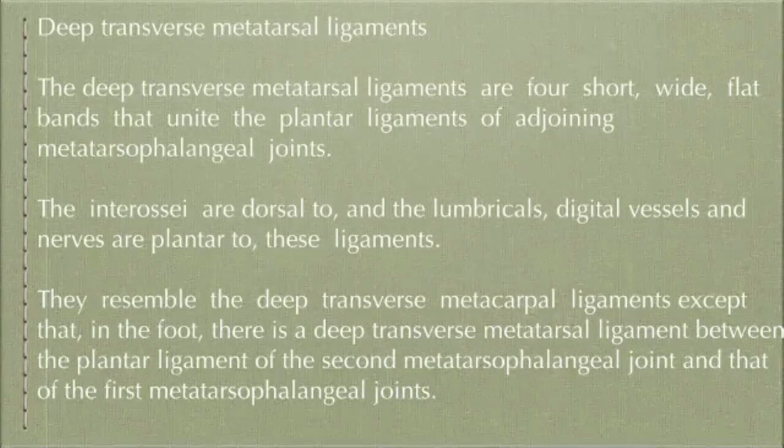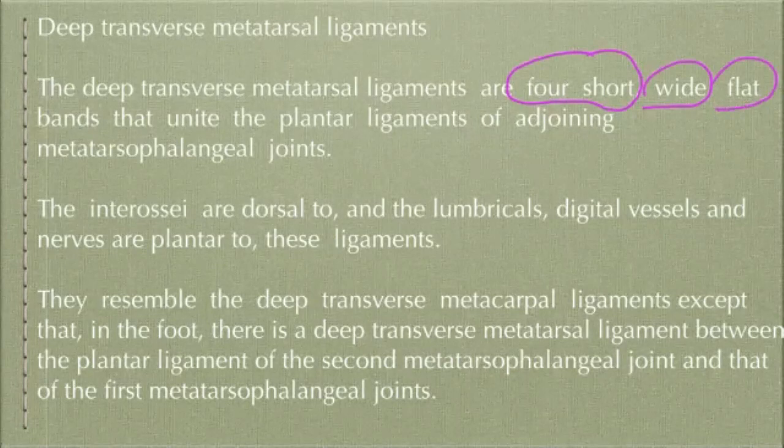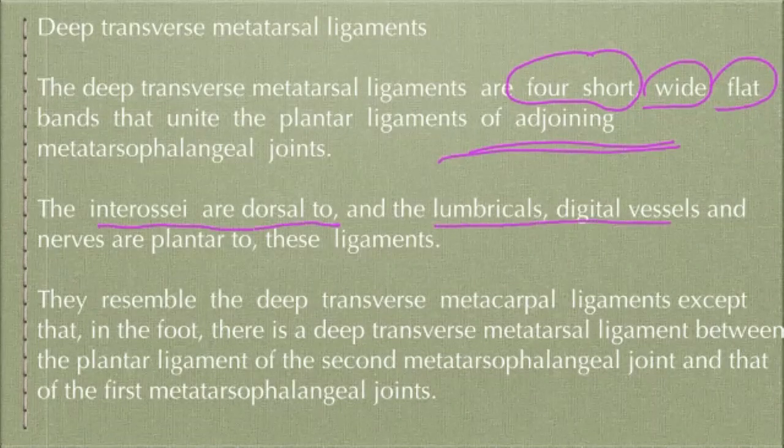Deep transverse metatarsal ligaments. The deep transverse metatarsal ligaments are four short, wide, and flat bands that unite the plantar ligaments of adjoining metatarsophalangeal joints, right? So these unite all the plantar ligaments like an arch. Interossei are dorsal to, and lumbricals and digital vessels and nerves are plantar to, these ligaments.